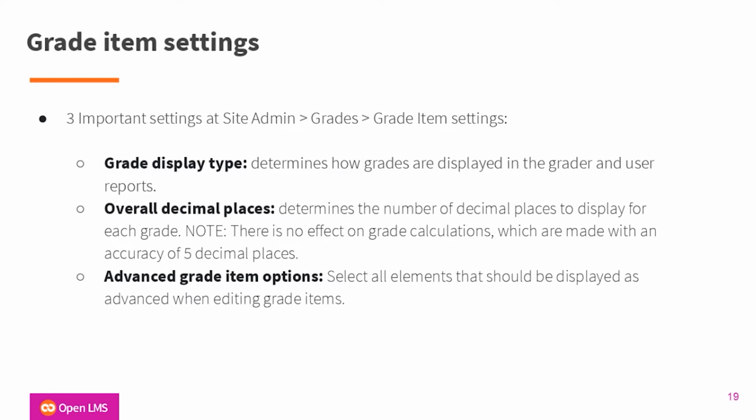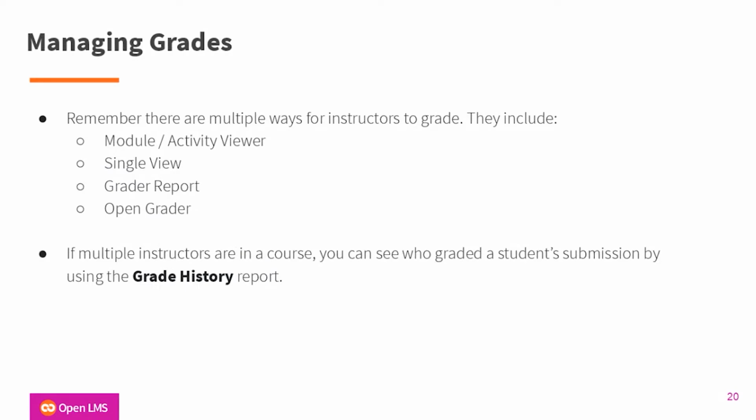And then just a couple more. Knowing that we're outside of the course, and when I'm talking about certain settings here, I want to focus on the site admin settings, but there's other things I just wanted to highlight here, managing grades. It's the idea that there are multiple ways for instructors to grade.